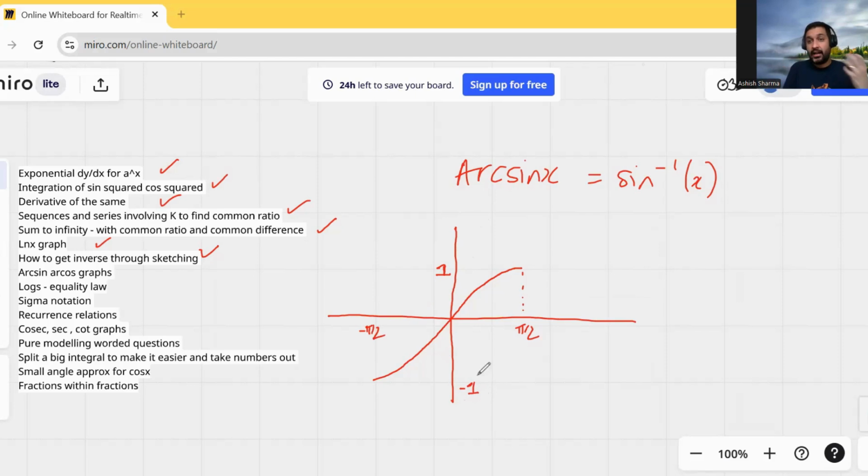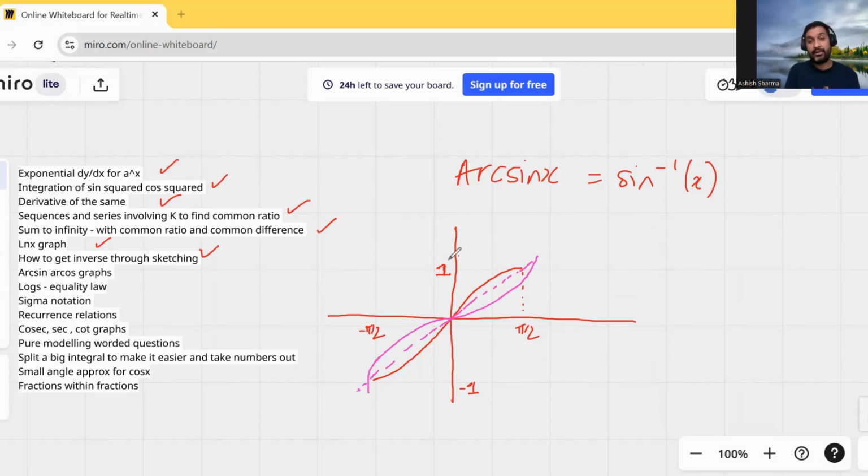Now, how do you get the arc sine graph from that? What you do, as I said in the last subsection, is you reflect it in the line y equals x. Okay. Now, when you reflect it in the line y equals x, you're going to get something that looks like this. Okay. So, not the best sketch I've ever done. You can find a better example in your textbook.